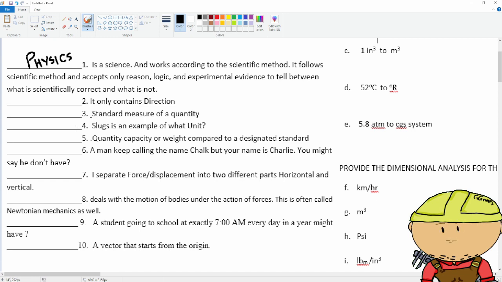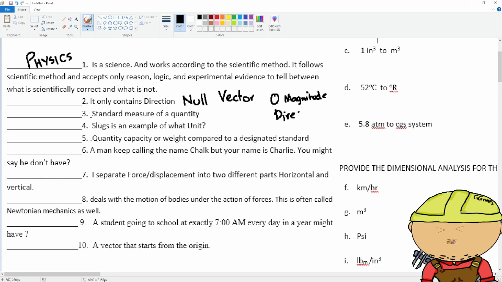Okay, we're back. Second, it only contains direction. So if this is about vector, units, and measurement, the right definition for this will be null magnitude, null vector, because a null vector has zero magnitude and just direction.